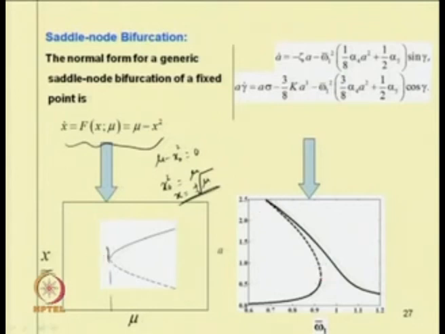Now we have to see whether this branch is stable or unstable. To find the stability of the system, in this case our equation is x dot equal to mu minus x square. Substituting x dot equal to 0, our equation becomes mu minus x square equal to 0, or we have x0 equal to plus minus root mu.